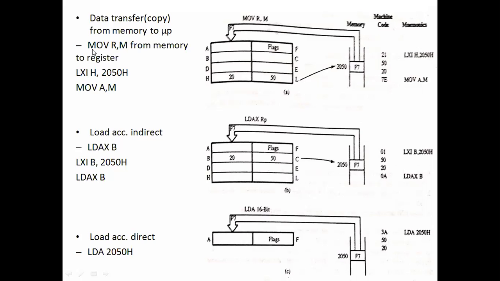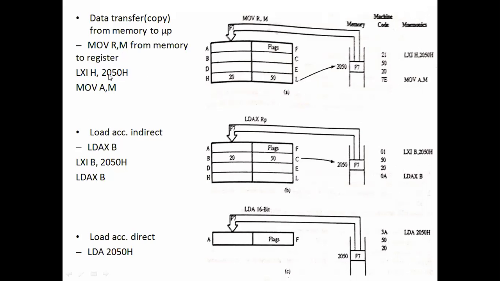So before we write MOV A, M, please be assured that your HL pair contains the address of the memory. If it does not, you have to do LXI H 2050 and then MOV A, M.